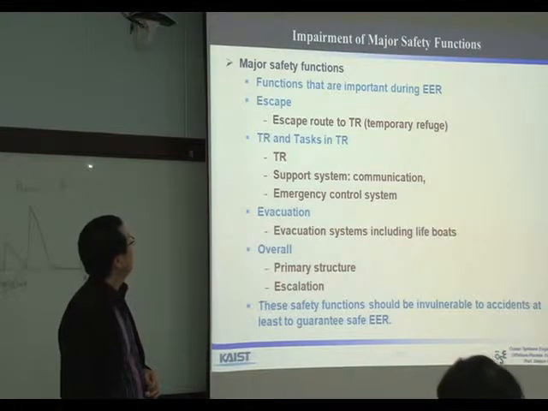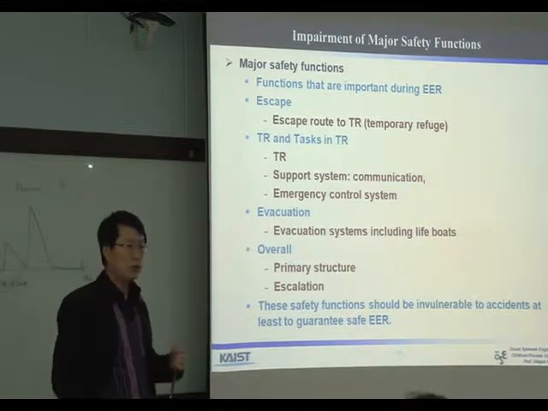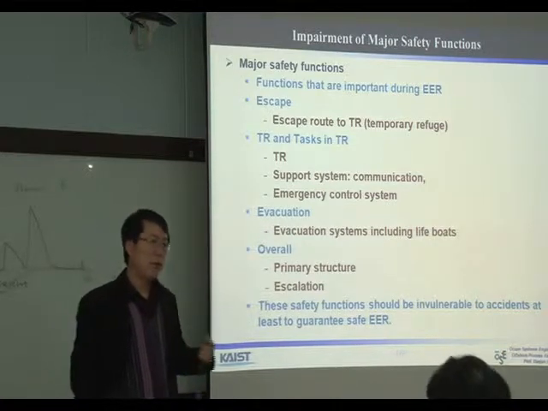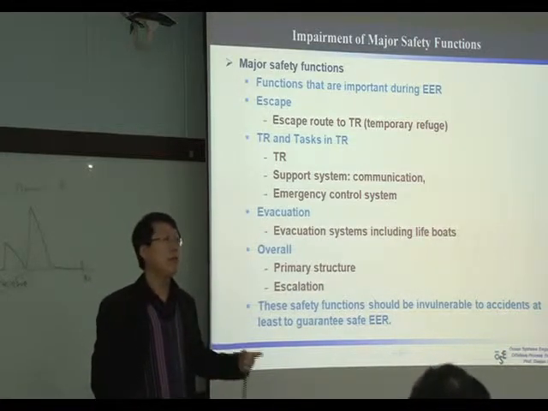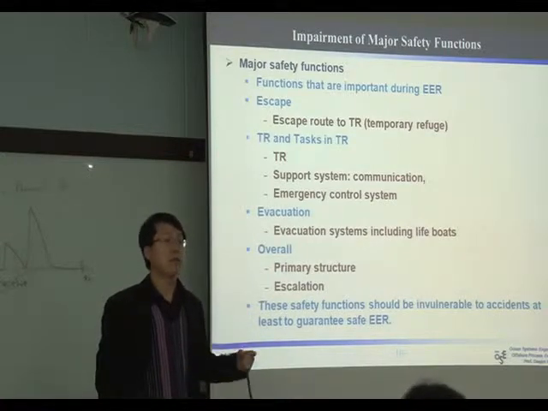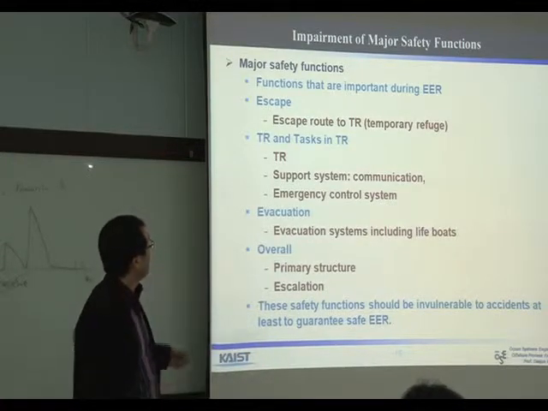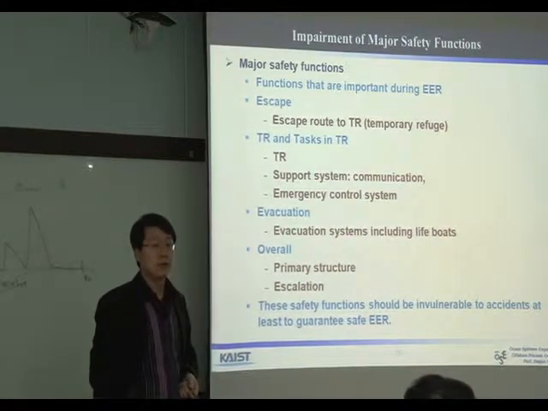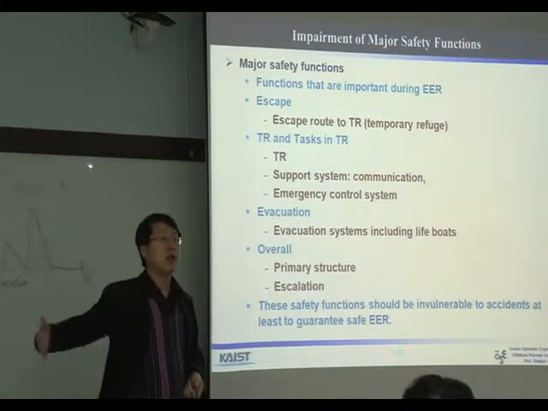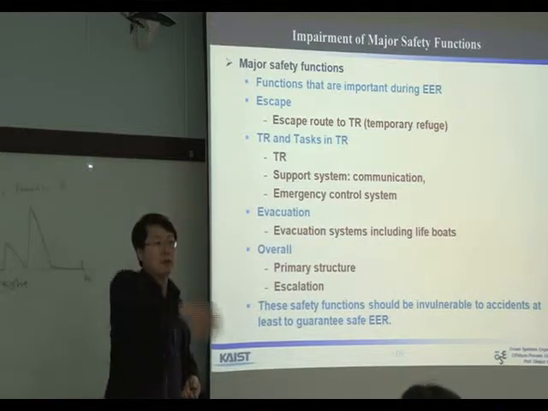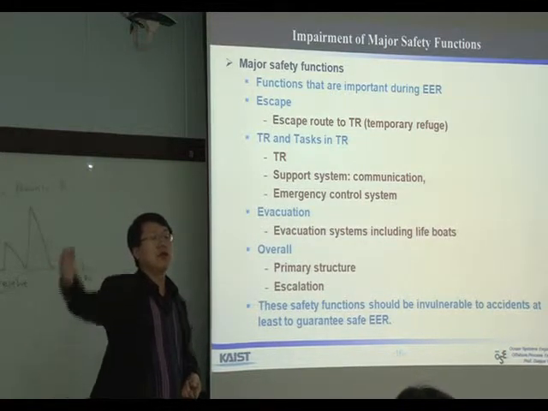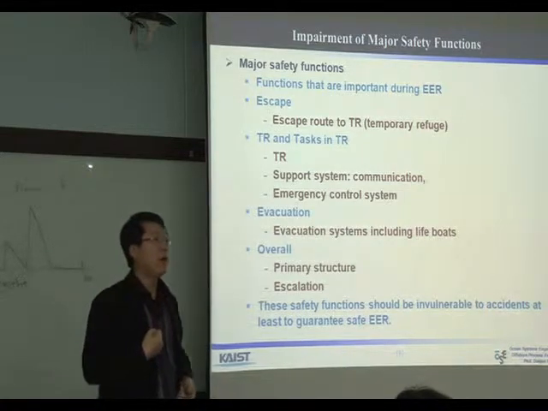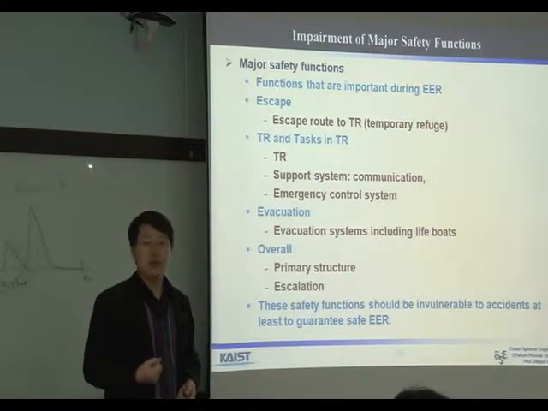Escape means escape to a safe place, so the pathway to the safe area should be safe. That pathway is called the escape route. Sometimes the escape route should be shielded. The shielded escape route should not be damaged by fire and explosion.